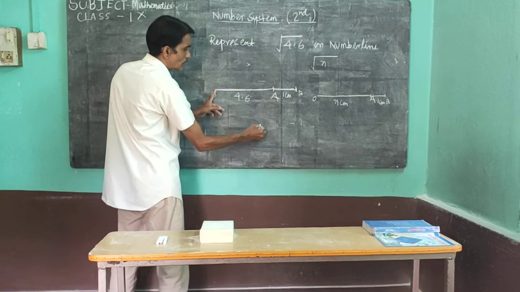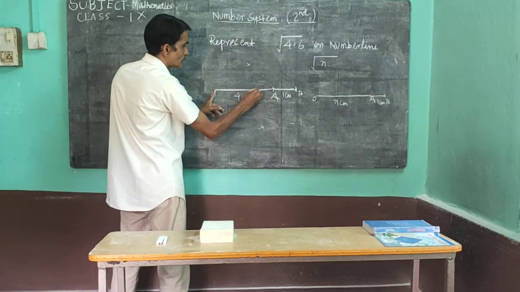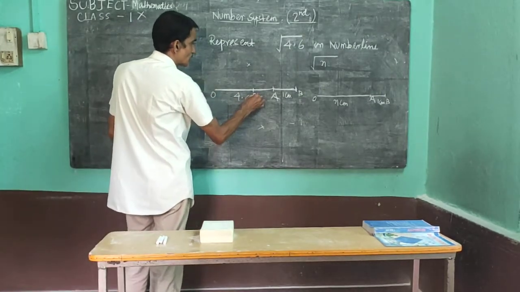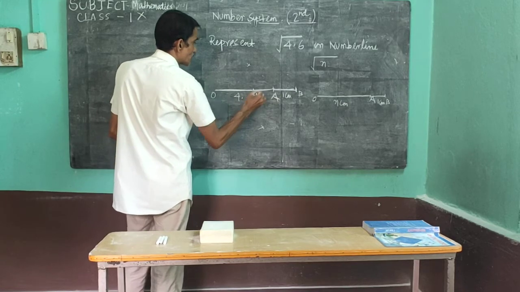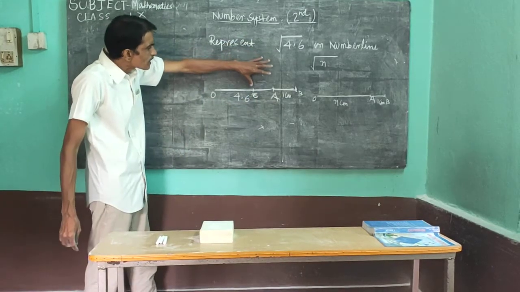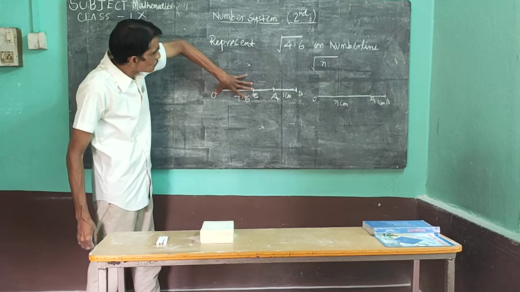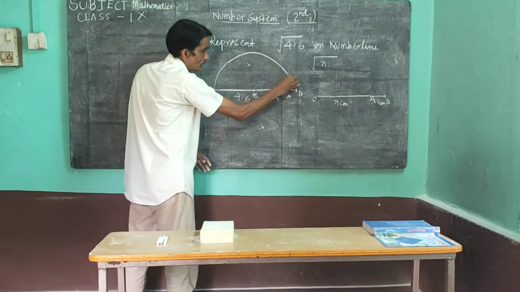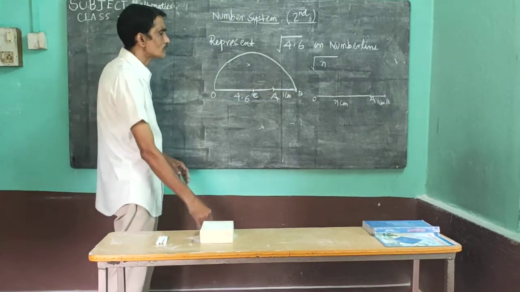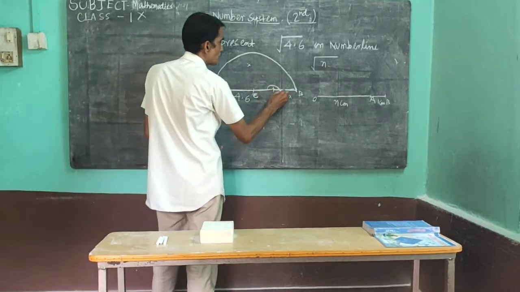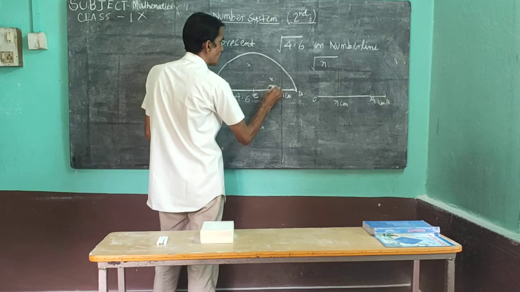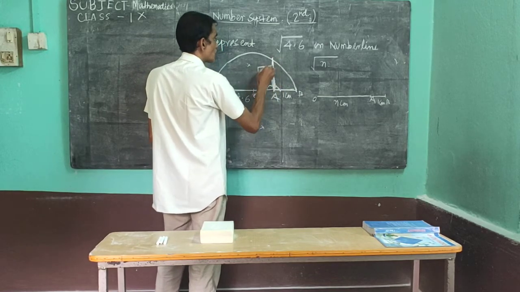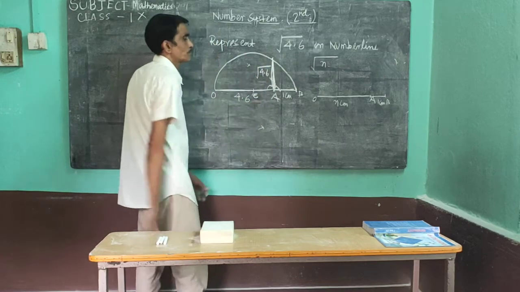I know how to bisect a line segment. I got this one, for example, this is named as C. With the center C, with equal radius OC and OB, you make a semicircle here. Is that clear? So at the point A, you draw a perpendicular, and this is your root over 4.6.